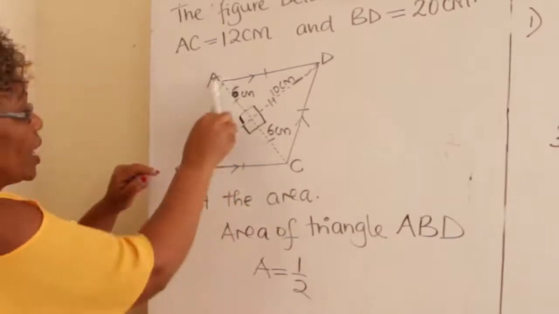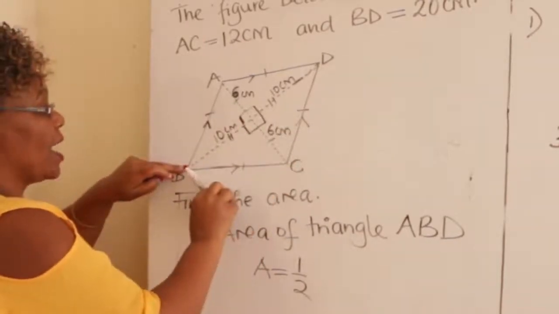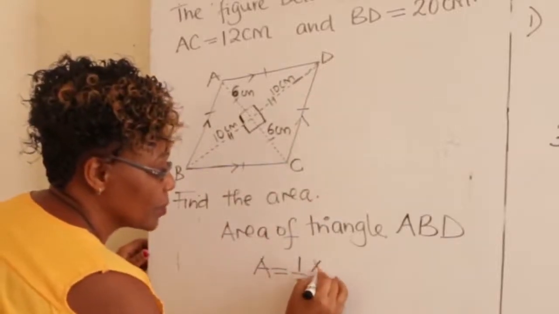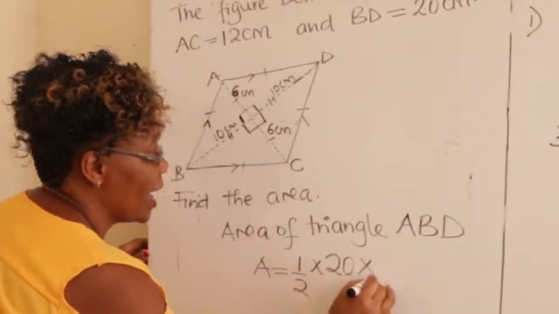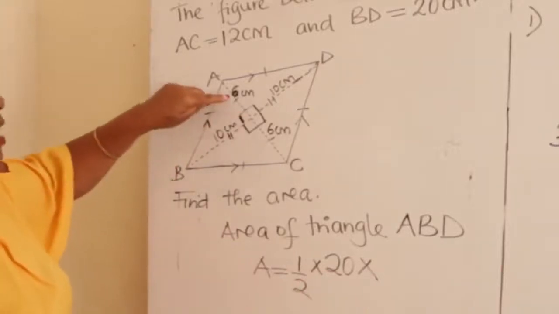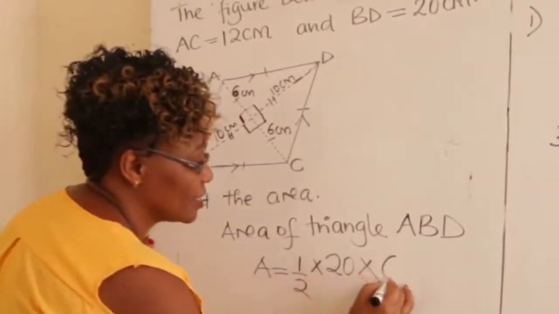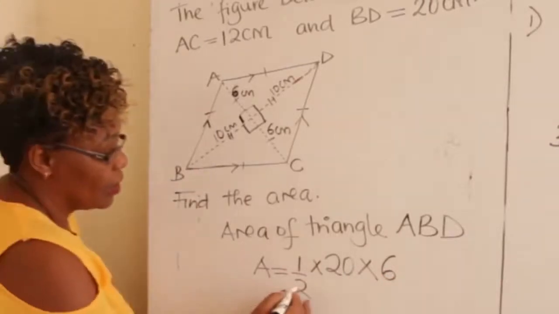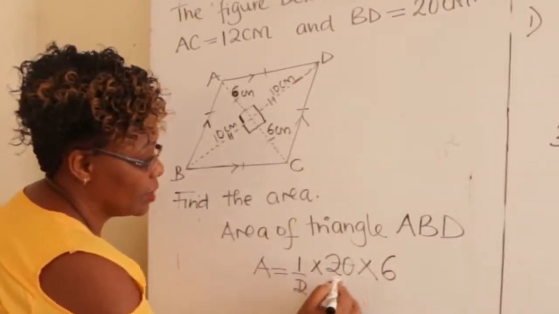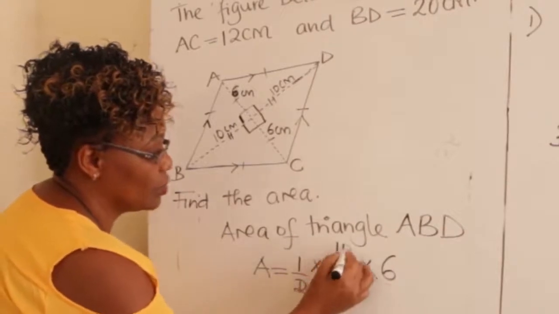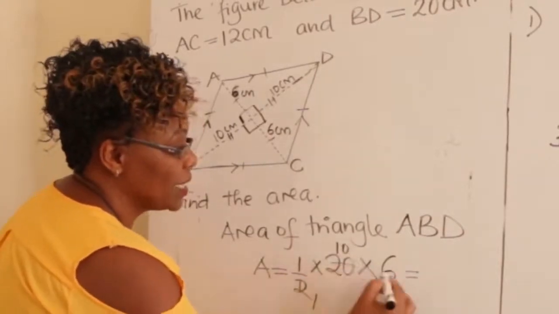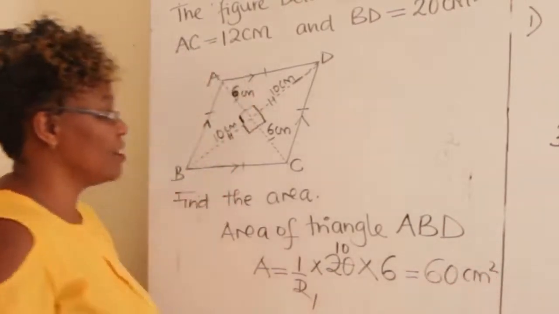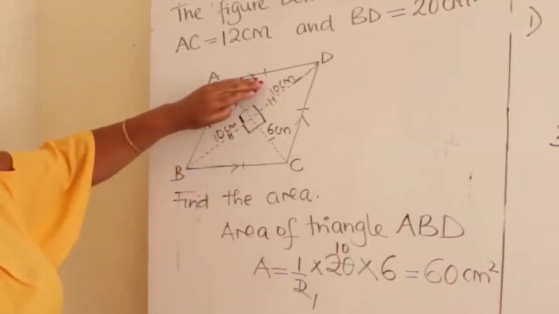So area of triangle ABD is a half times base, which is 20, times the height, which is 6. So from there, you can divide by 2. You multiply 10 times 6, you get 60 centimeters square. That is area of this upper triangle here.